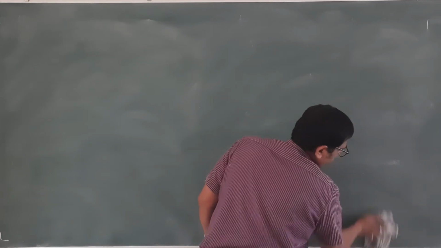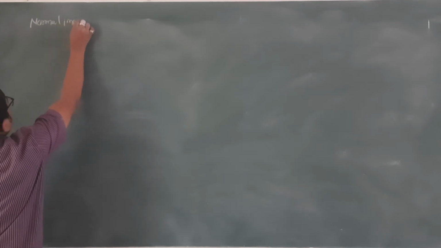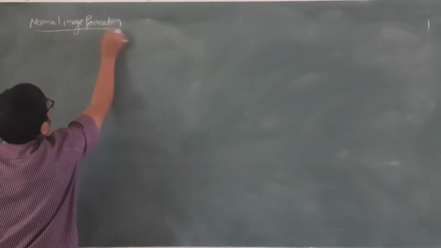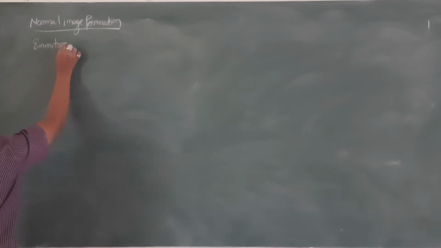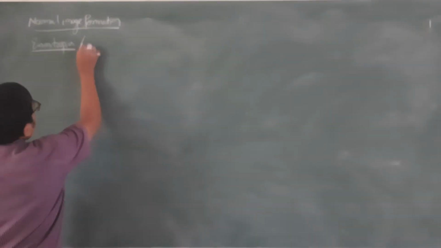So in emmetropia, let me mention here, normal image formation, where the image is formed on the retina, and it is called emmetropia. Normal image formation is also known as normal vision.